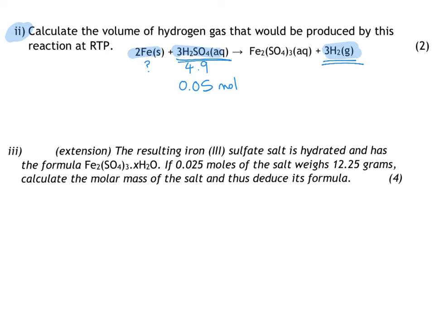So if I have 0.05 moles of sulfuric acid, which I already worked out, then I have 0.05 moles of hydrogen produced. Then I do the number of moles times the volume of 1 mole, which is 24, and that gives me 1.2 decimetre cubed.